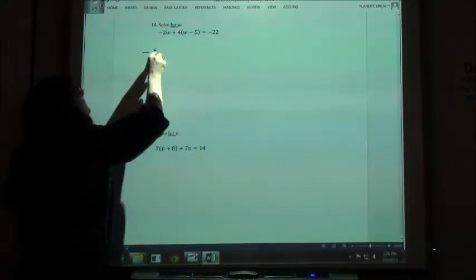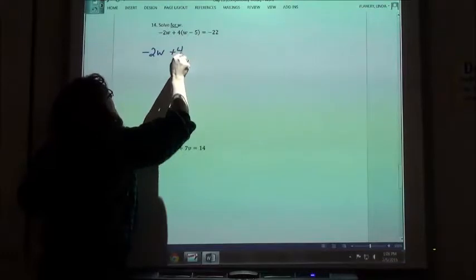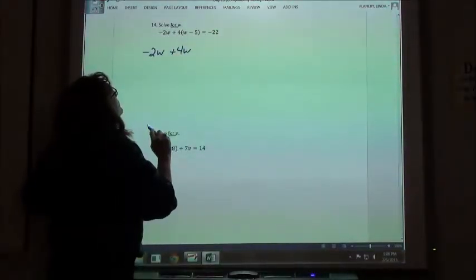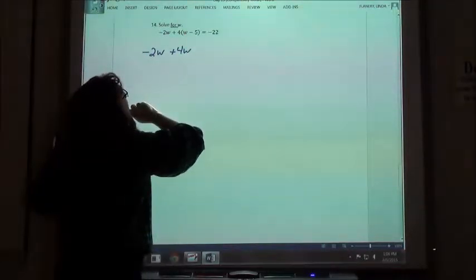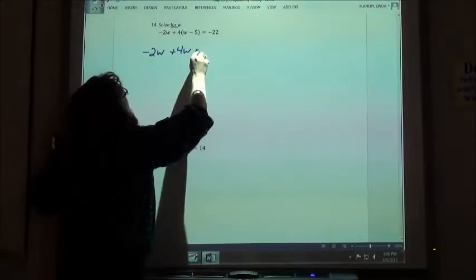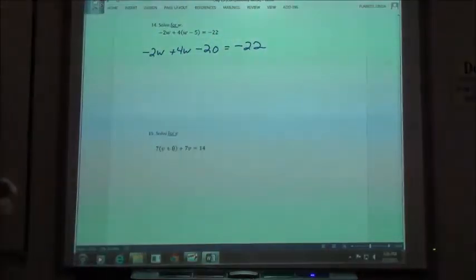Negative 2w plus 4w. And 20? Positive or negative? Negative. Minus 20 then. Equals negative 22.